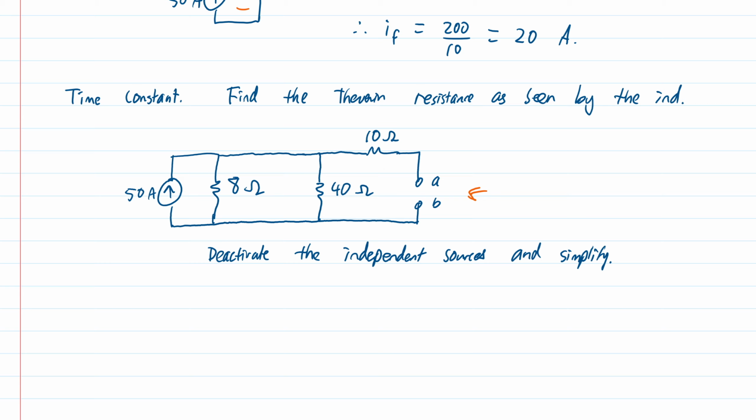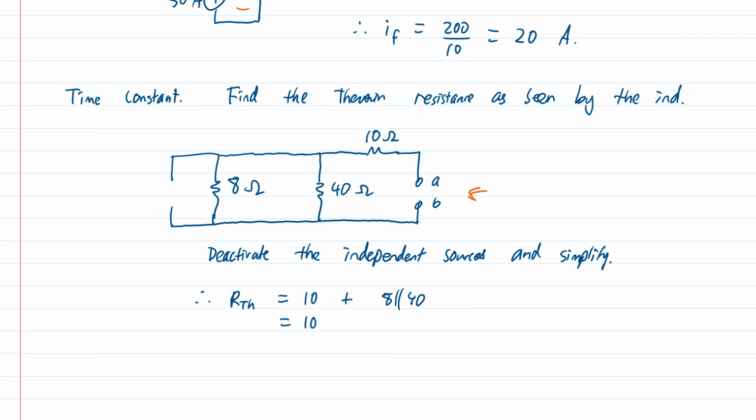So turning the current source off, basically putting that to 0 amps, just creates an open circuit. So we end up with that. So therefore, the Thevenin resistance as seen by the inductor, looking at the circuit, is going to be 10 in series with that 8 in parallel with 40.